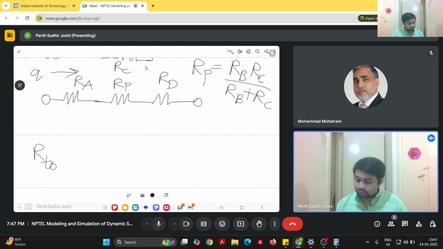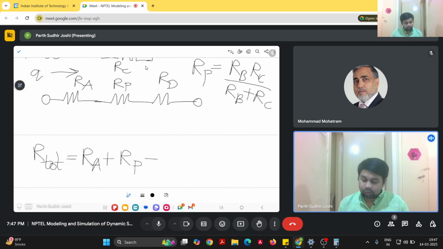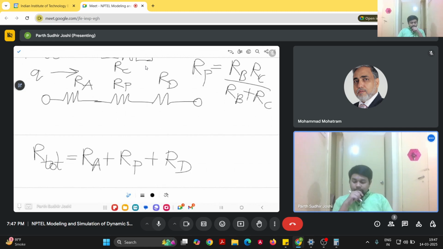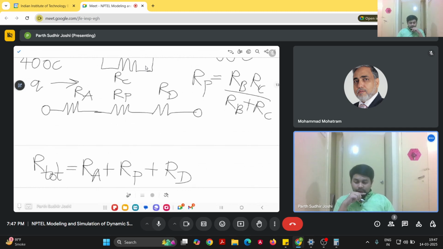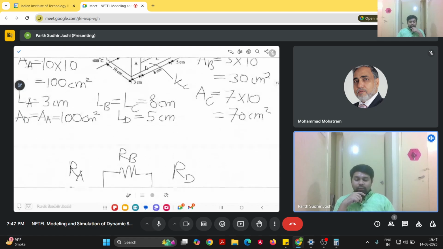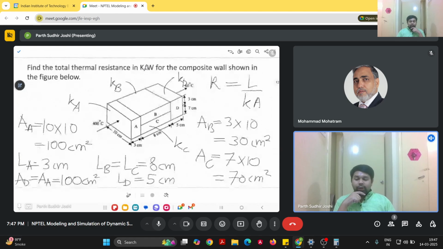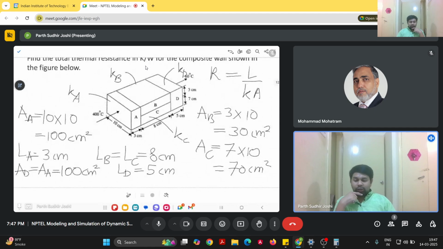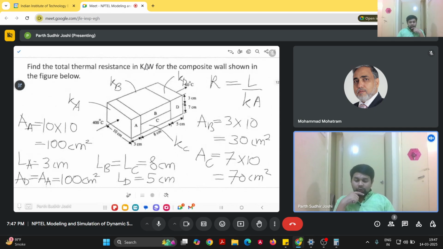So let us say R total will be RA plus RP plus RD. This is the total thermal resistance that we can find out. For specific numerical values, we will need the thermal conductivities also, which are not given here.